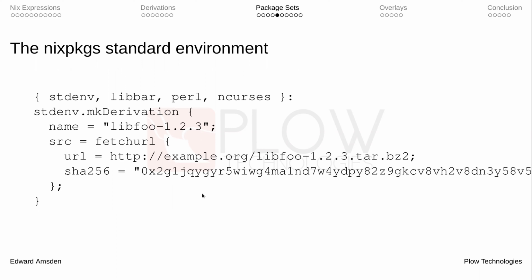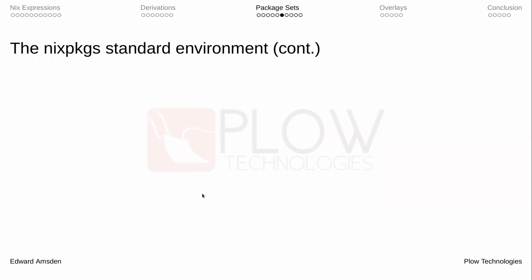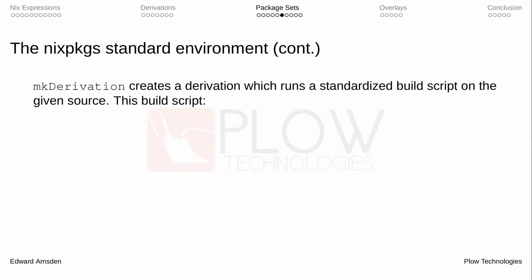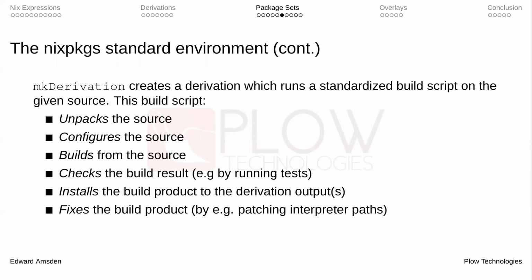And what stdenv will actually do is it has a standardized build script that does the standard GNU dance to try to build something. So it will unpack. If you give it a local directory as a source, then it will just copy that directory to the Nix store.